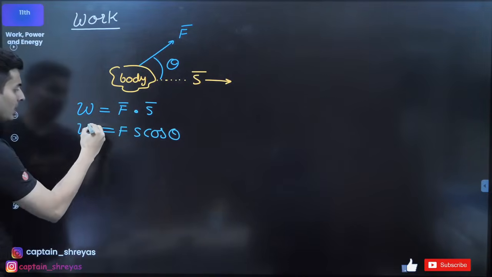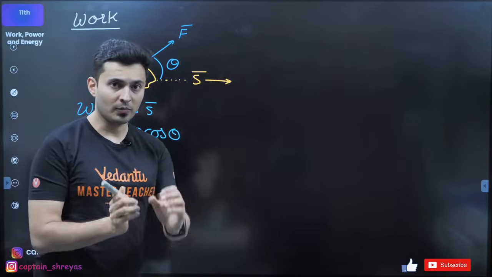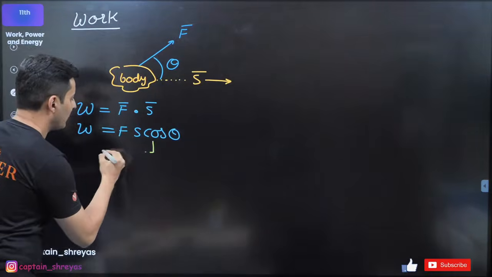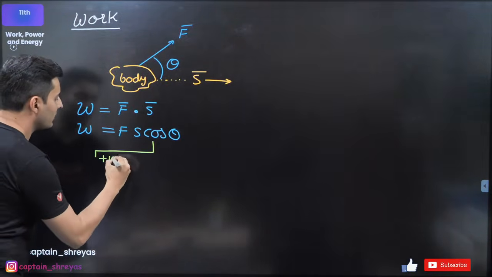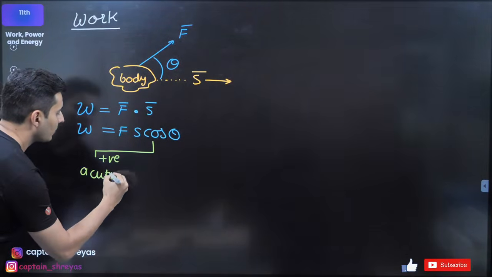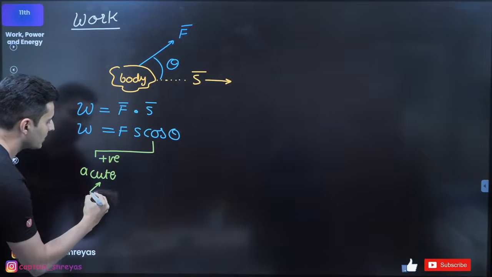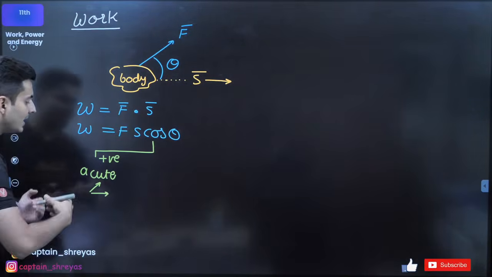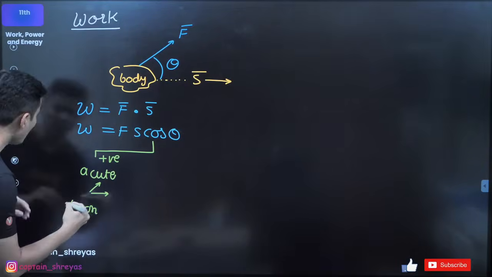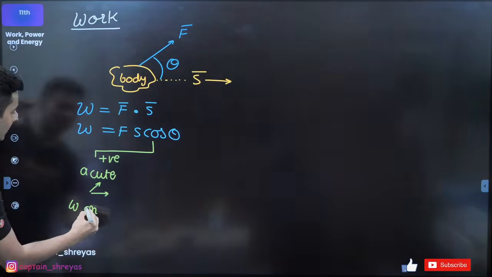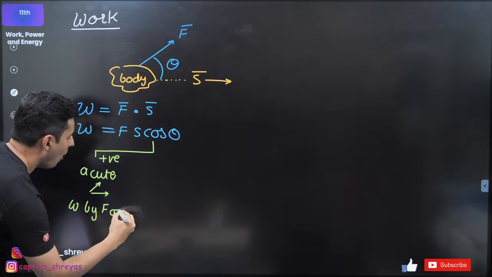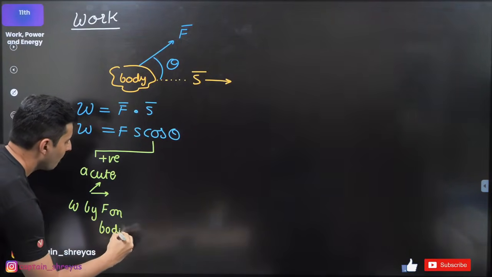Now this work can be positive or negative depending on the angle theta. If you recollect, the value of cos is going to be positive if theta is acute. If theta is acute, that means the force and the displacement are like this. That means the work is done by the force on that particular body.